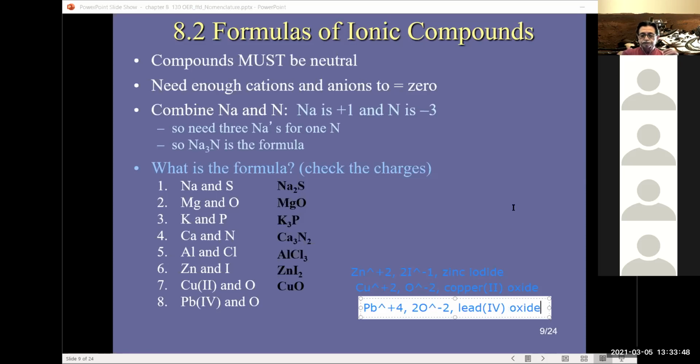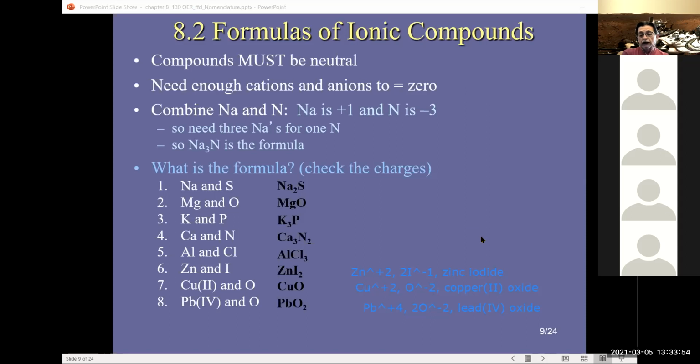Okay. And the formula is PbO2. Now, it gave you the names here because sometimes you are given the name and being asked to write the formula. And so you can see the name lead 4 tells you you're dealing with lead plus 4.